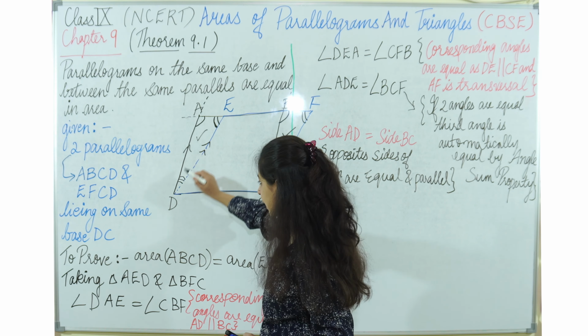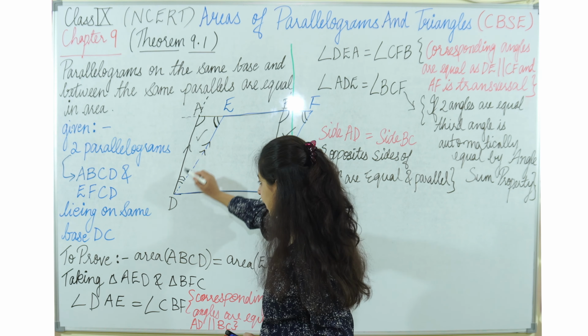So from equation 4, we can say that area of parallelogram ABCD will be equal to area of triangle BFC plus area EBCD.